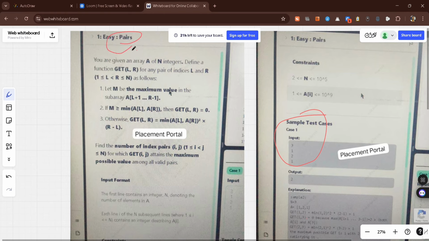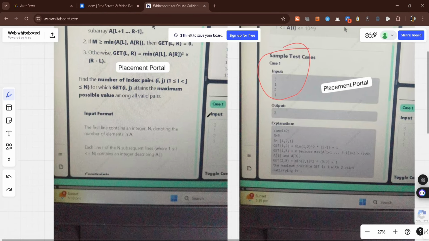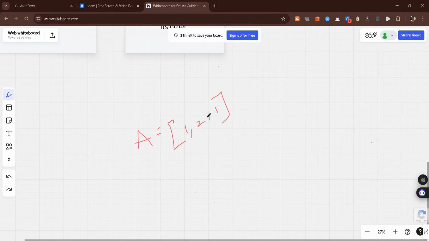We need to find the pairs first. So pairs, how can we find the pairs, let's discuss. Pairs means the set of two elements. So in this, how many pairs are there? 1 comma 1 is a pair, 1 comma 2 is a pair, 2 comma 1 is a pair.